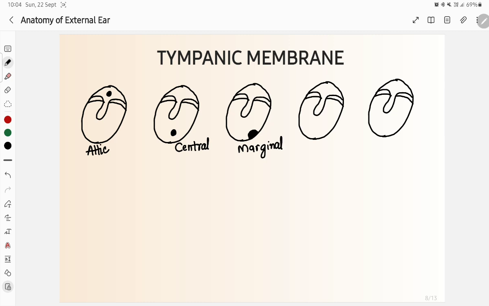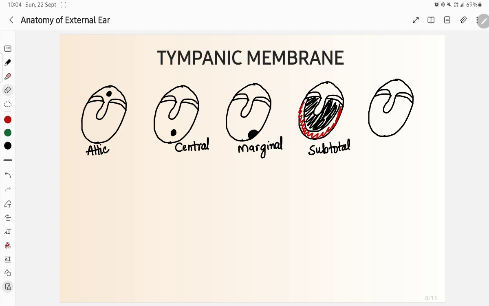If there is one large central perforation, and only the annulus ring, this ring you see, only the annulus ring remains intact, it is known as the subtotal perforation.